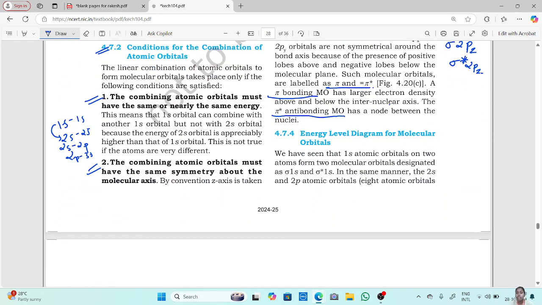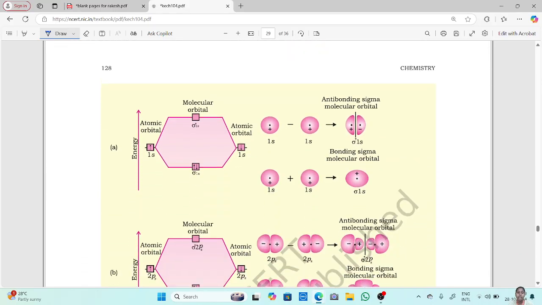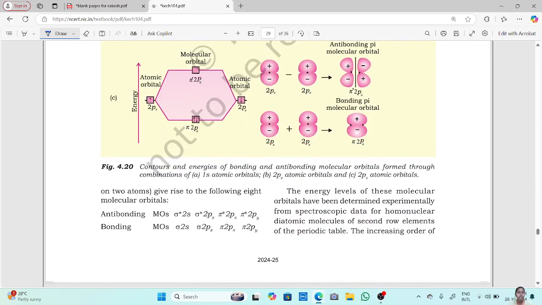Now the energy level diagram for molecular orbitals. What are the energy level diagrams and how can we draw them? Now we have seen 1s atomic orbitals on two atoms form two molecular orbitals designated as sigma 1s and sigma star 1s. We have seen that in the top part. Now in the same manner, 2s and 2p orbitals, 8 atomic orbitals on two atoms give rise to the following 8 molecular orbitals.